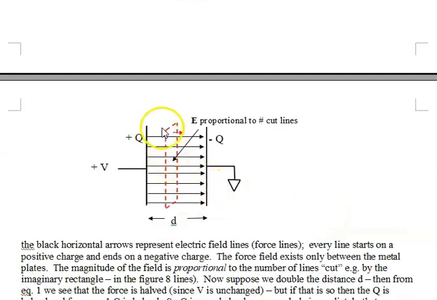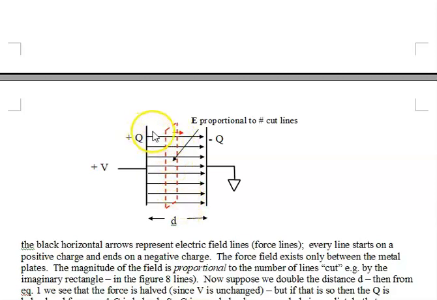Now let's place an imaginary area between the electrodes, and if we want to find out the magnitude of the electric field, we just count the number of lines. In this case, there are 8 lines. It doesn't give us the absolute magnitude of the electric field, but as the area moves from left to right, represented by the little red arrow here, it tells us how the electric field changes by looking at the number of lines that are cut.